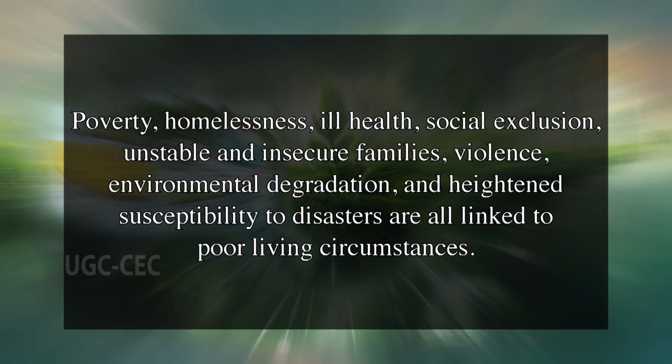Migrating from rural to urban areas makes this problem worse and encourages the growth of slums and informal settlements. Poverty, homelessness, ill health, social exclusion, unstable and insecure families, violence, environmental degradation, and heightened susceptibility to disasters are all linked to poor living circumstances.